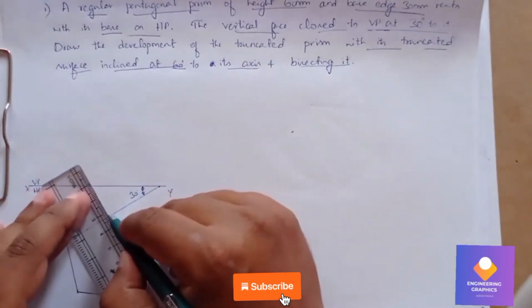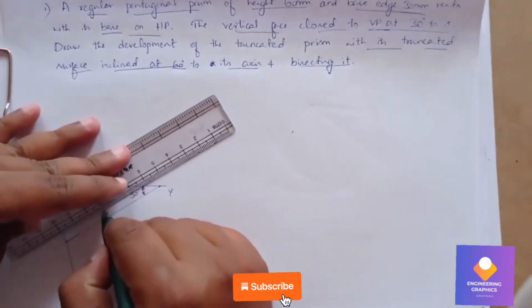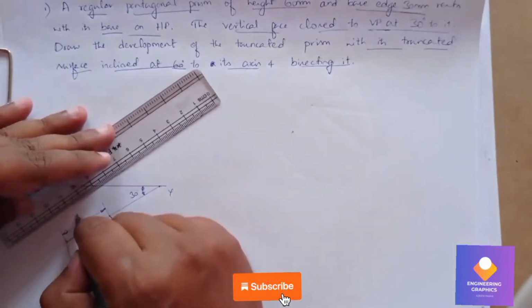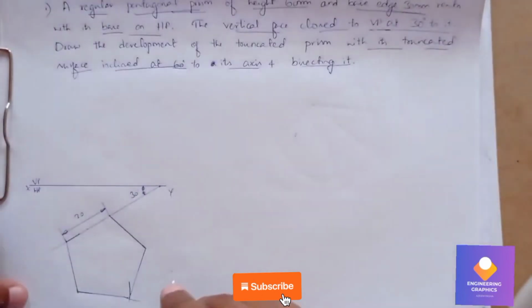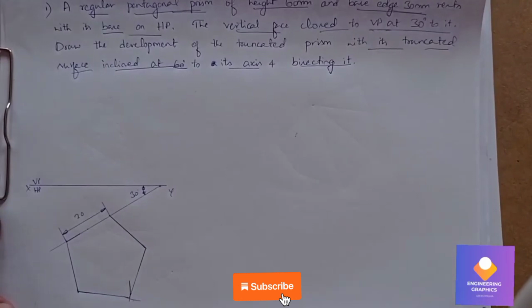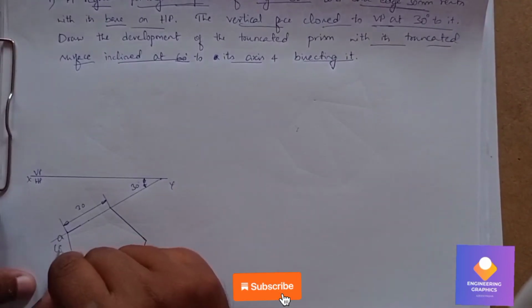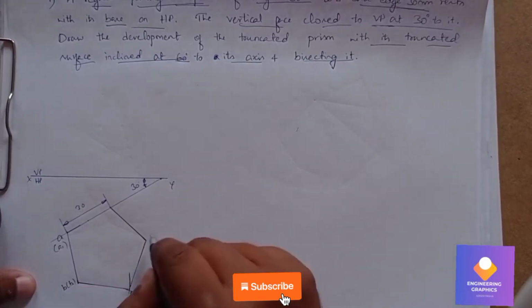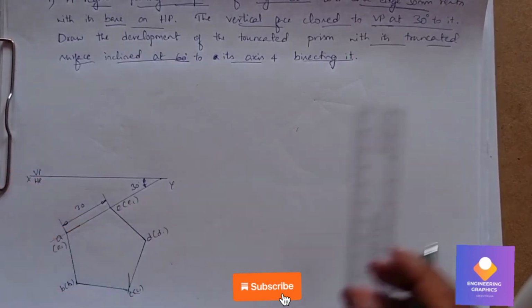You can show the dimension of 30 mm on one side. You can mention the naming because the prism has both faces, top face and bottom face. So A1, top face A, B, C, D, E, bottom face A1, B1, C1, D1 and E1. That is not visible from the top face.